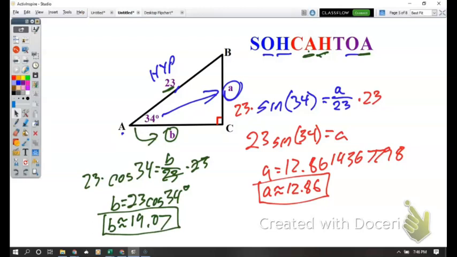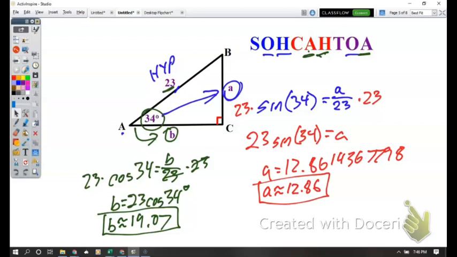Not too bad, right? Now, one thing that you do need to make sure is that your calculator is in degrees. These are degrees. There is another unit of measure for angles, called radians, which you probably have never used before. When you get up into calculus and things like that, you're going to be doing things in radians. Here, we're going to be dealing with degrees.